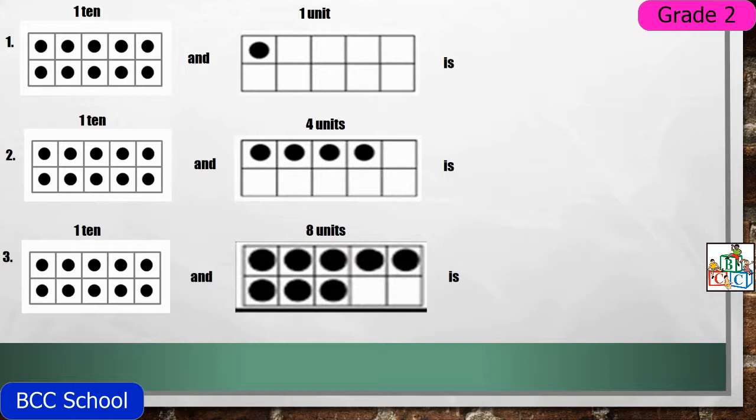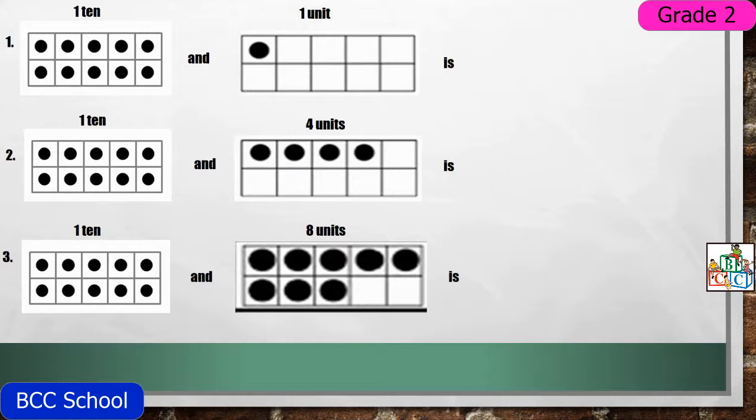This represents one group of 10. The next picture we have only one dot. The one dot represents number 1. Here we call it our 1 unit. That is, we have only 1.